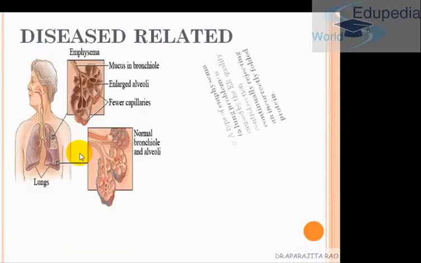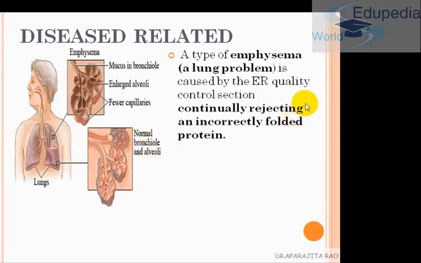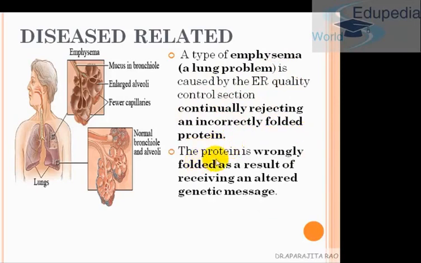Now a few examples I would like to give you. You all know smoking is very bad for health. Smoking causes a lot of diseases, one of which is emphysema. In emphysema, which is a lung problem, the endoplasmic reticulum continuously keeps on rejecting the incorrectly folded protein. The protein is wrongly folded as a result of receiving an altered genetic message, and this altered genetic message happens because of the smoking byproducts present in the body.